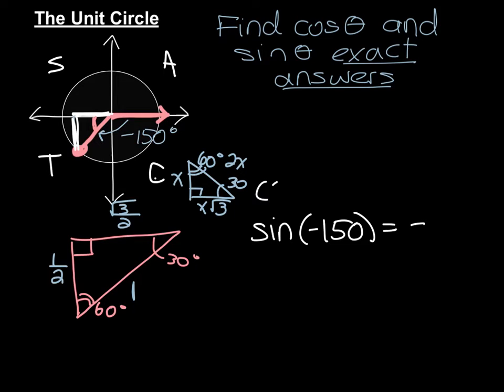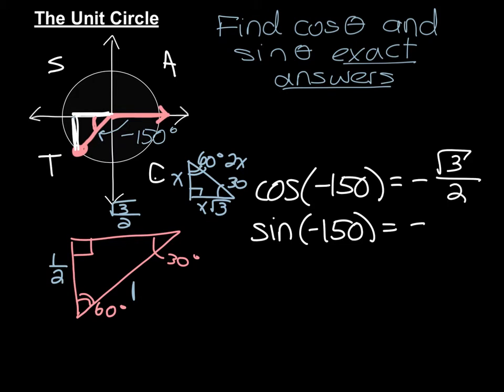And the cosine of theta is also going to be a negative value. Well, the cosine is the horizontal distance, which we said was radical 3/2. And the sine, which is the vertical distance, in other words on the y-axis, is 1/2. So that's going to be a negative 1/2.